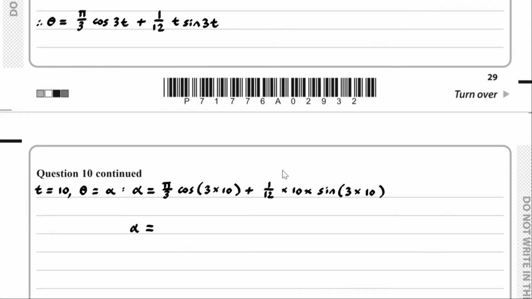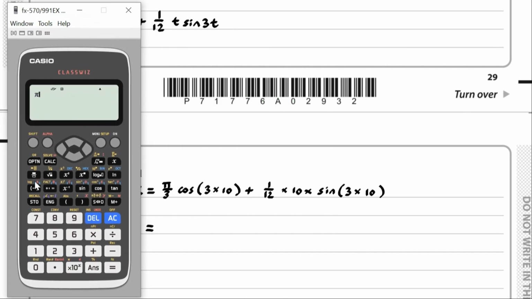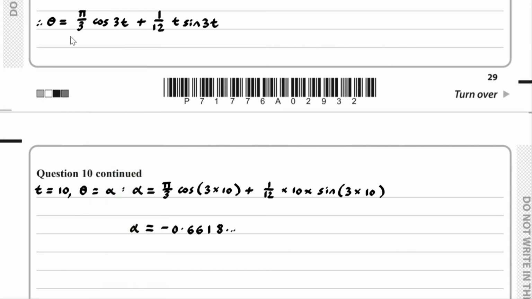So if I work out what alpha is, I get minus 0.6618, etc. And so therefore, alpha is equal to minus 0.662 to 3 significant figures.